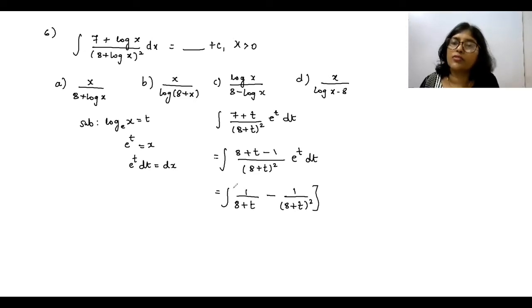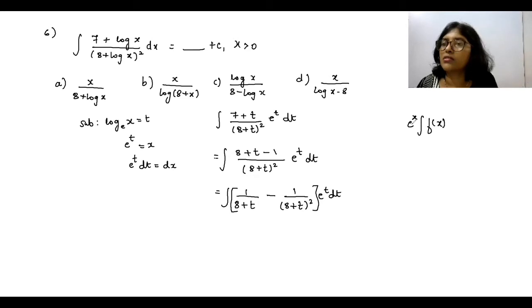So this is a kind of question wherein we have e raised to x integration fx. Yeah, we'll take it like this. Integration e raised to x into fx plus f dash x dx. Function and its derivative. Then the answer is e raised to x fx plus c.